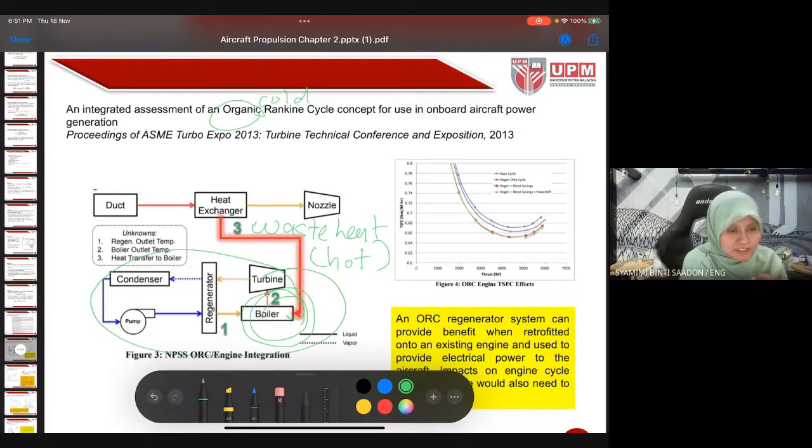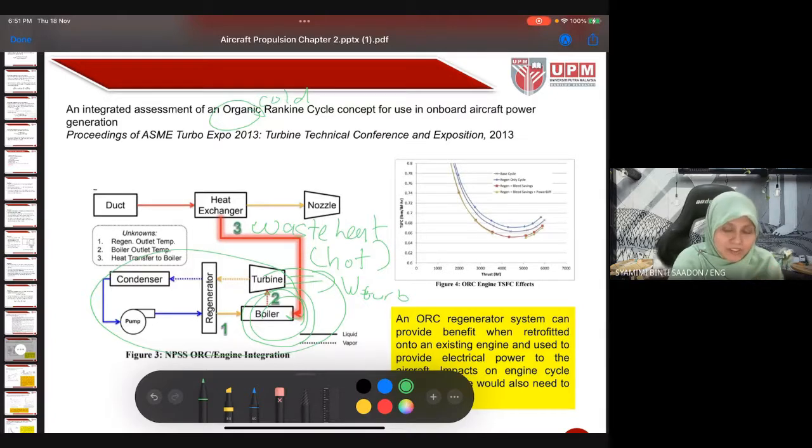The mechanism is like the normal thermodynamic cycle: from the boiler it goes to the turbine, condenser, pump, etc. So extract the heat from the heat exchanger, exchange it in the boiler with the organic fluid, and use it to produce extra power that can provide electrical power to the aircraft.